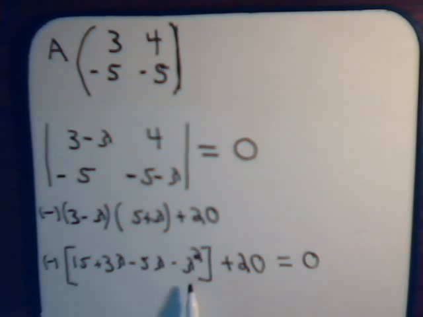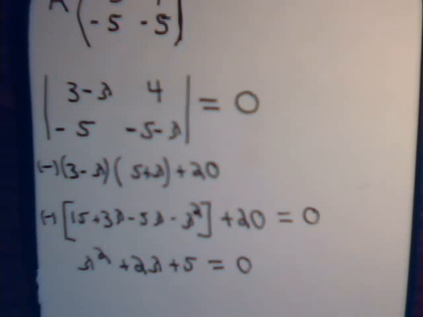So let's see, we have here plus lambda squared, we have 3 lambda minus 5 lambda, that's minus 2 lambda, times negative, that makes that plus 2 lambda. Then here we have minus 15 plus 20, that's plus 5, equals 0.